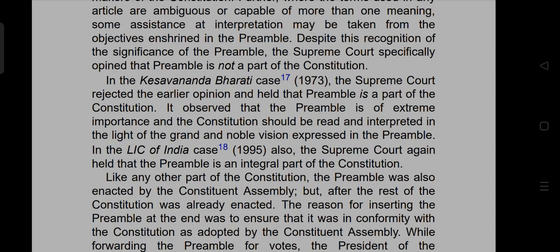It observed that the preamble is of extreme importance and the Constitution should be read and interpreted in the light of the grand and noble vision expressed in the preamble. In the LIC of India case 1995 also, the Supreme Court again held that the preamble is an integral part of the Constitution.